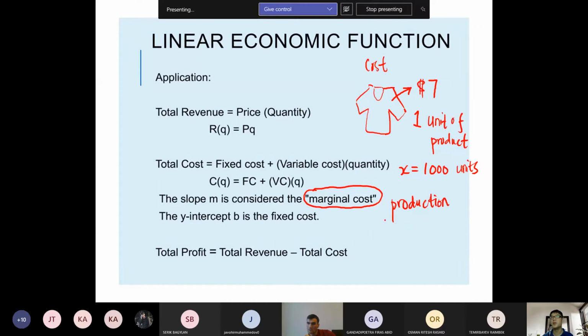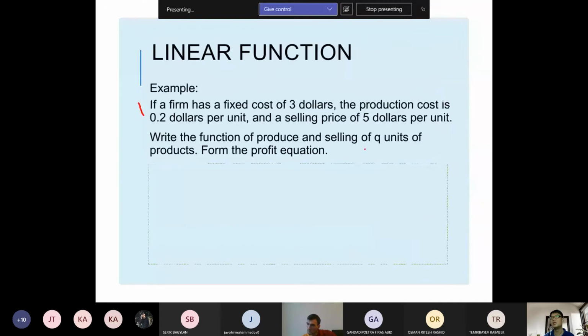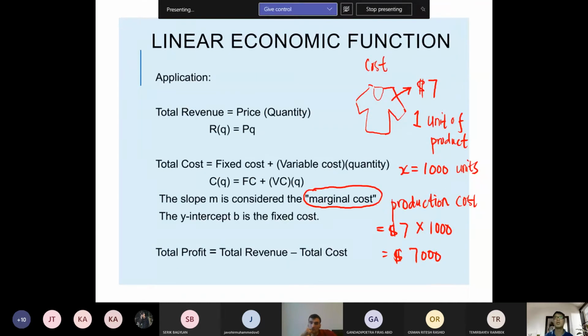It will be $7 multiplied by 1,000 units, which is $7,000. This is what we call the production cost. The production cost is the variable cost, or the marginal cost, multiplied by the quantity.